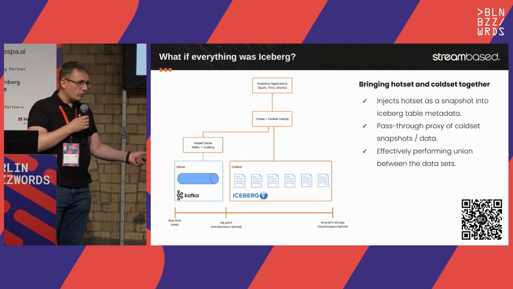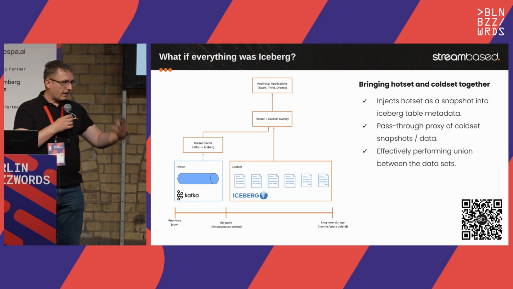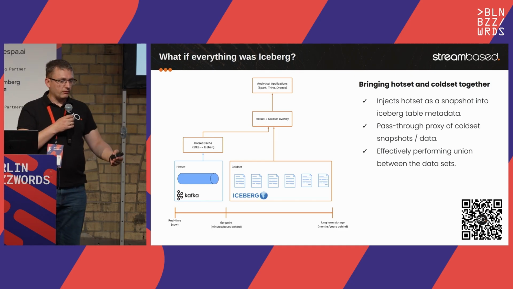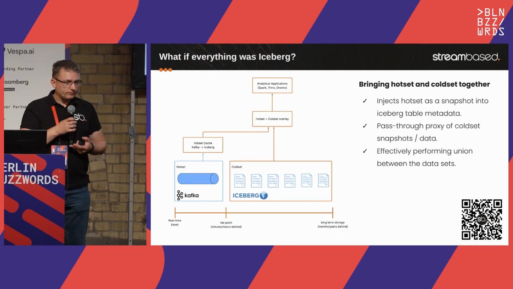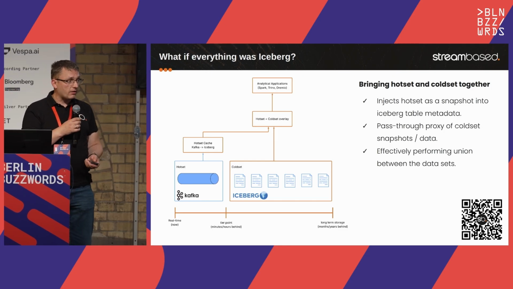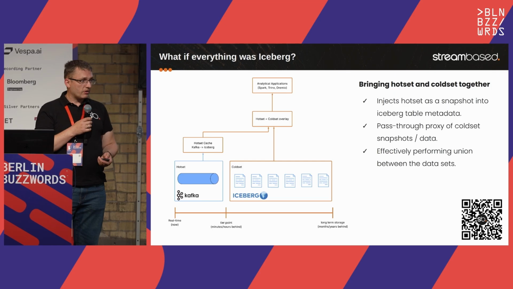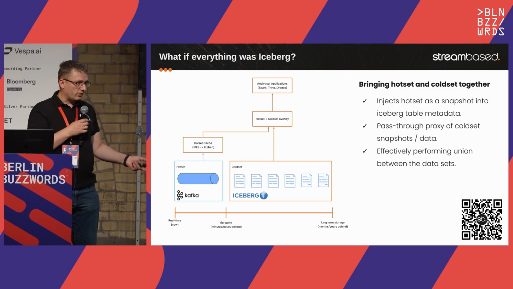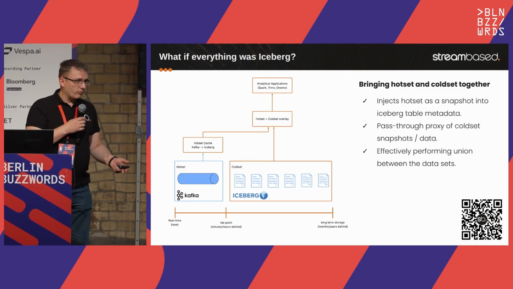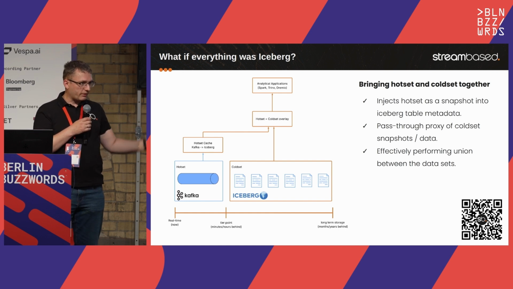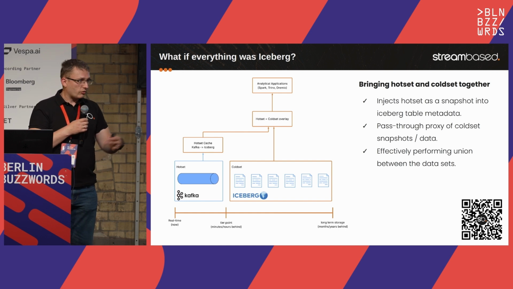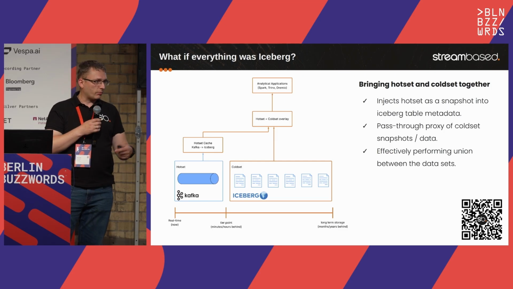Basically, we're performing union between those data sets now in flight, presenting consistent view between the two. And the impact on Kafka itself is reasonably small, because Kafka is kind of immutable, the data on it is immutable, so we can follow the normal kind of proxy response caching strategy by aggressively caching whatever is being read from Kafka to the analytic clients just on disks, because the cache is pure optimization.